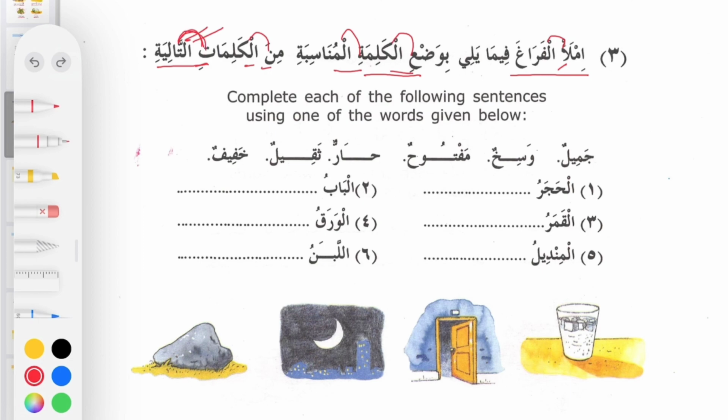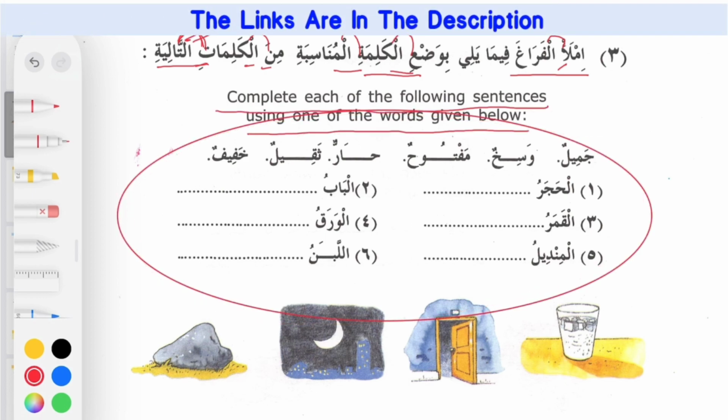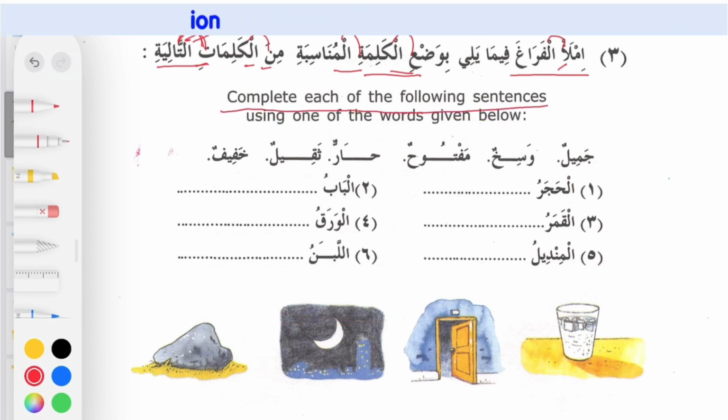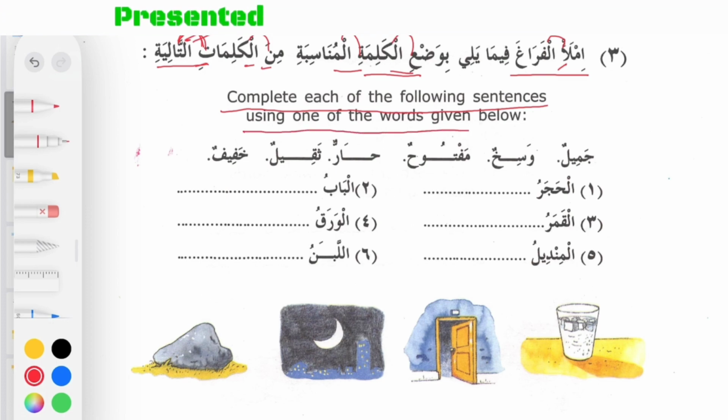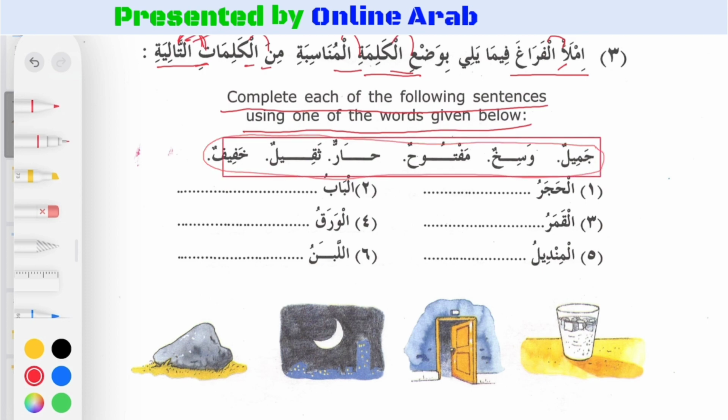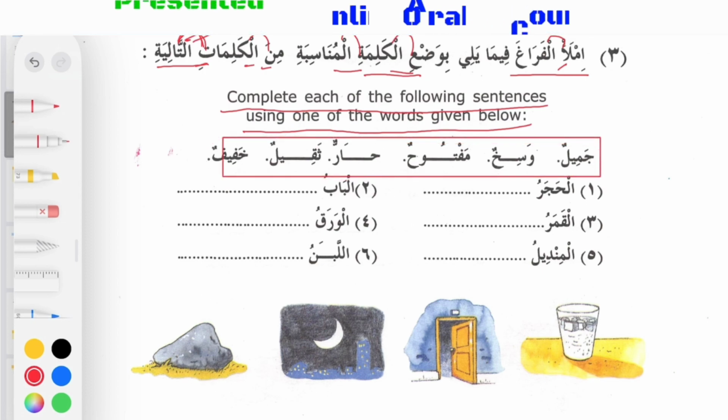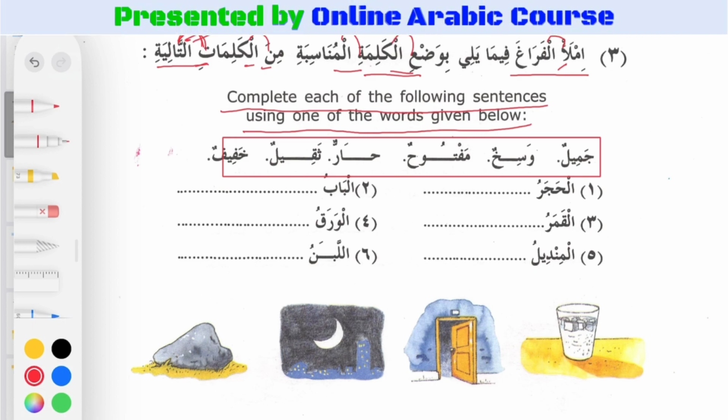So according to the instruction, we will solve this exercise filling the blanks. Complete each of the following sentences using one of the words given below. So there are some words given. We will read and understand their meanings and use them filling the blanks, completing the sentences.